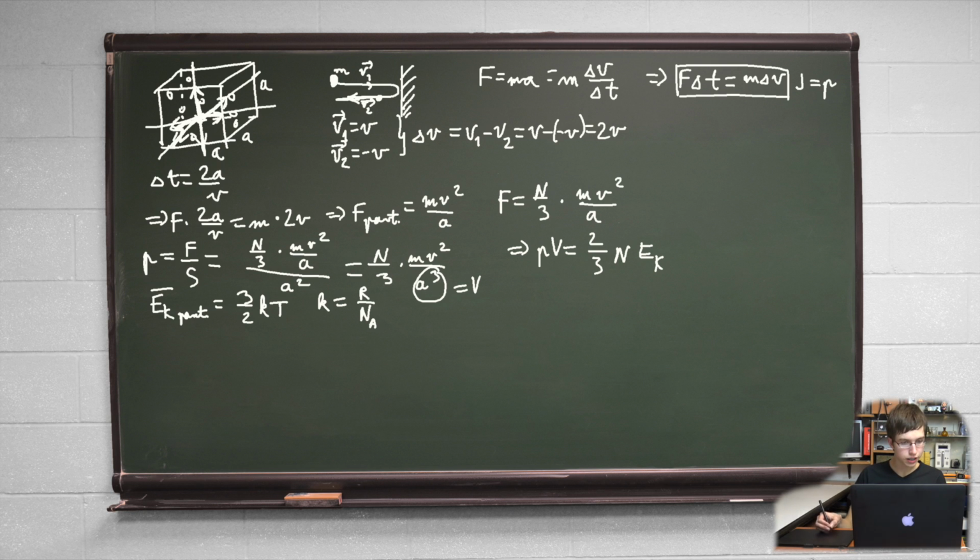Since this is average kinetic energy, Ek of a particle average, so this bar meaning average, we can conclude that internal energy of all of the gases, or all of N gas particles of the ideal gas, is N times this kinetic energy.